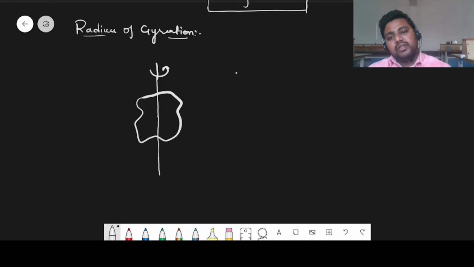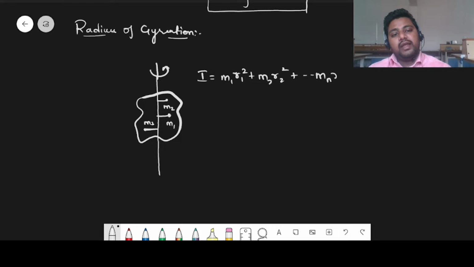On this object, there are n number of particles. You can consider this as m1 mass, this particle as m2 mass, and this particle as m3 mass. They are at different positions. If you are considering the total moment of inertia, you are going to write it as m1 r1 square plus m2 r2 square plus, and so on, up to mn rn square.